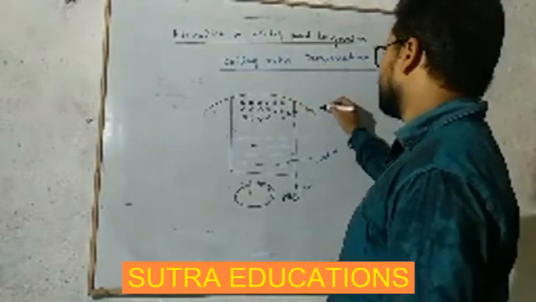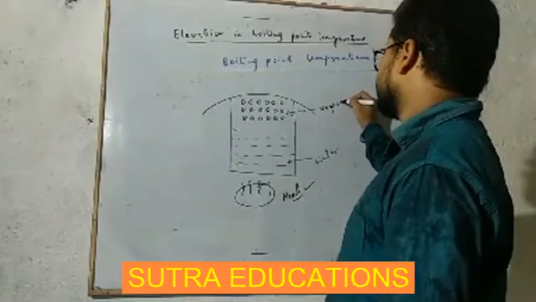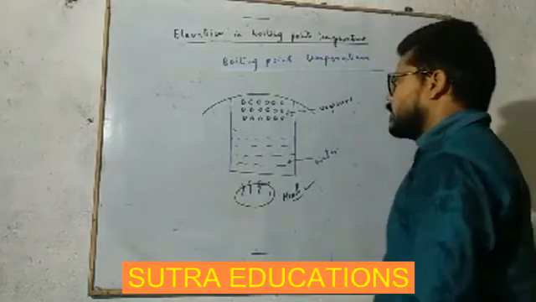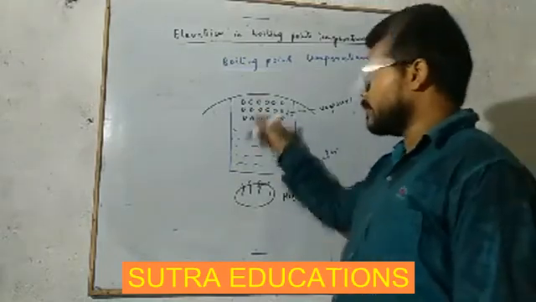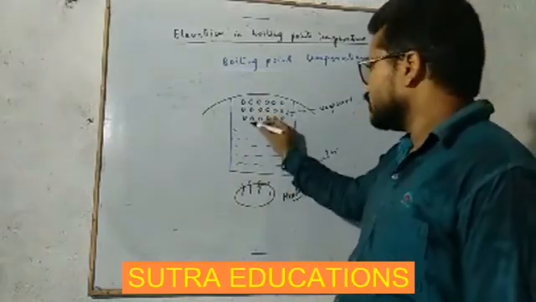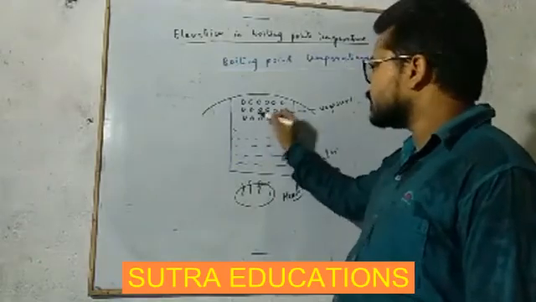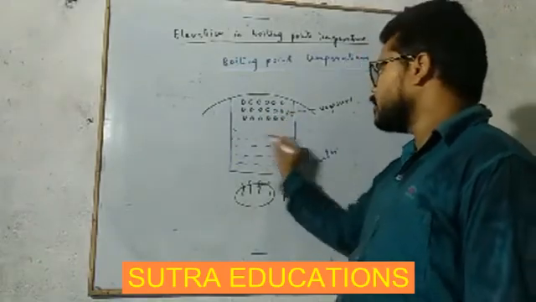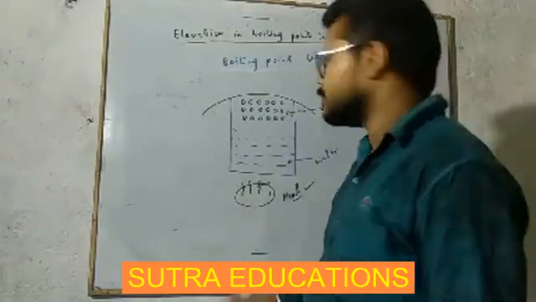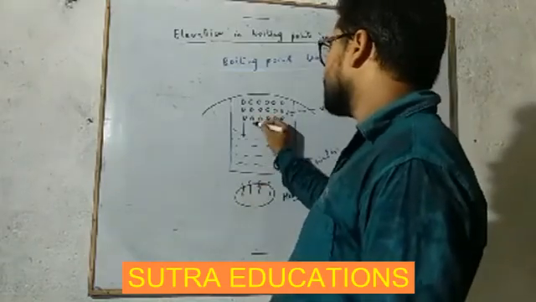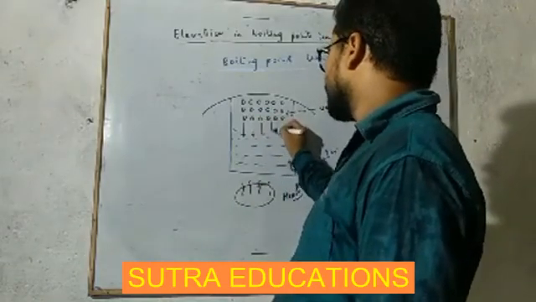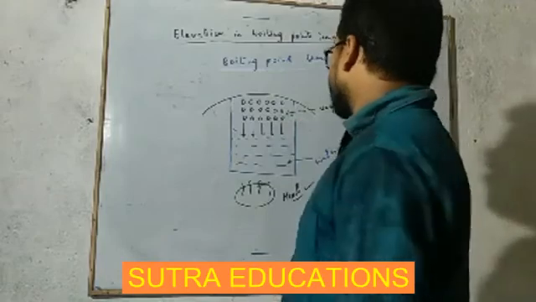These are vapors, and I have told you earlier, this vapor will exert pressure on the surface of the water. Okay, so this is exerting some kind of pressure which is known as vapor pressure.